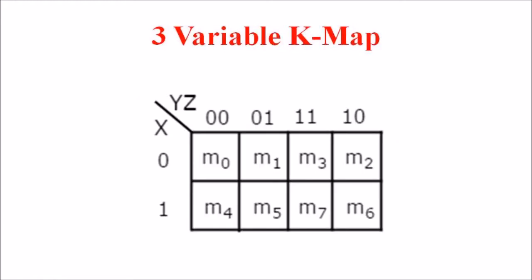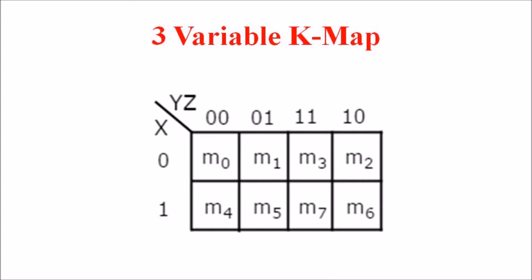Next we are discussing the 3 variable KMap. The number of cells in a 3 variable KMap is 8. This is because 2 raised to 3 gives 8 different cells, and the figure shows how these 3 variables are represented in the KMap. There is only one possibility of grouping 8 adjacent minterms.